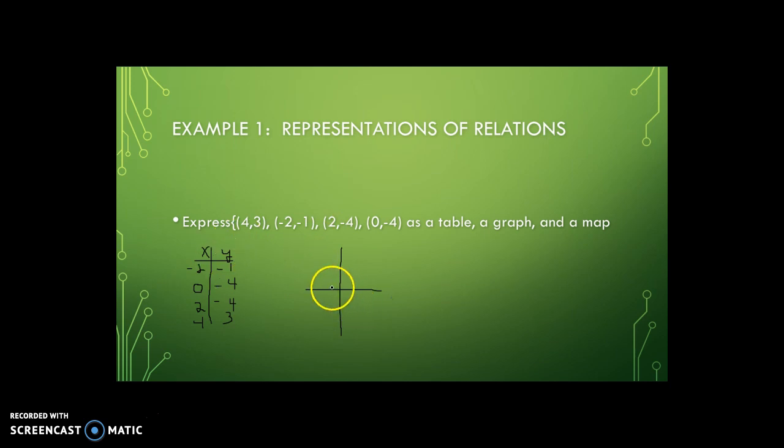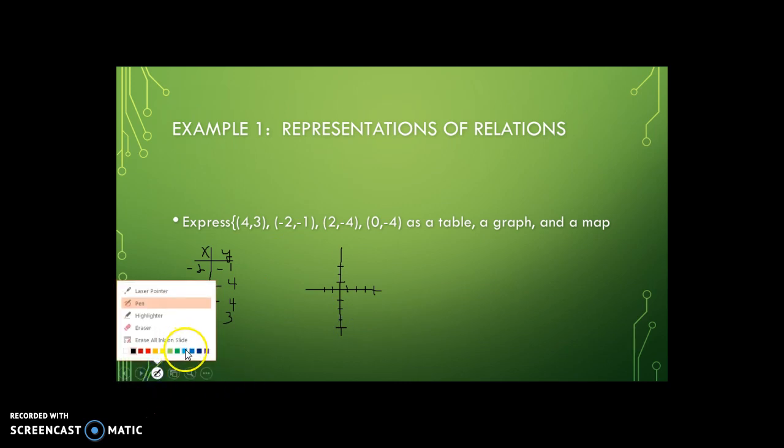And again, I got -2 on the x. I got 4 on the x. 1, 2, 3, 4. And then 3 is my highest y value. 1, 2, 3. And -4. So that'll get me through it. And I'm going to use a different color for my points.